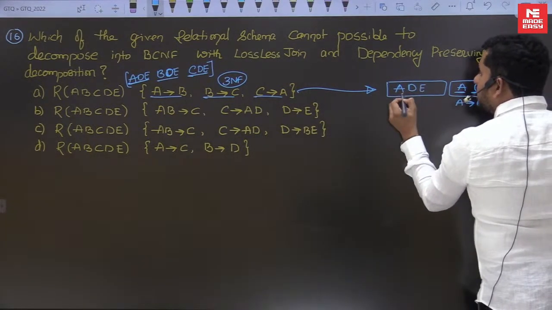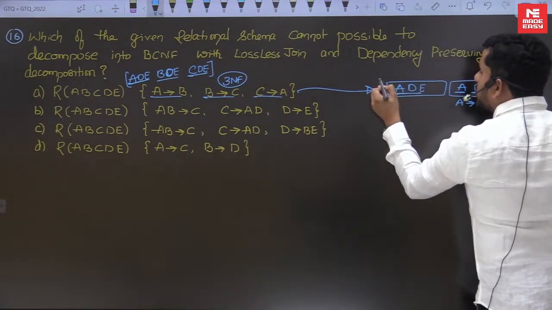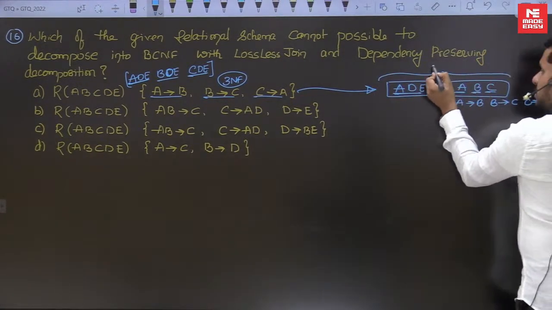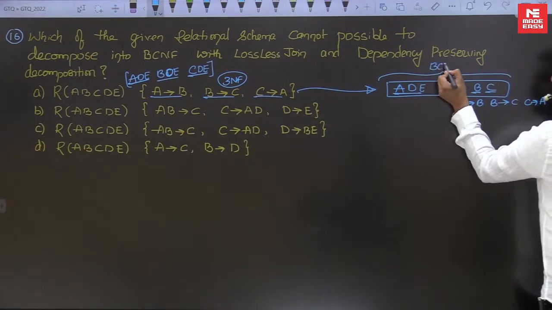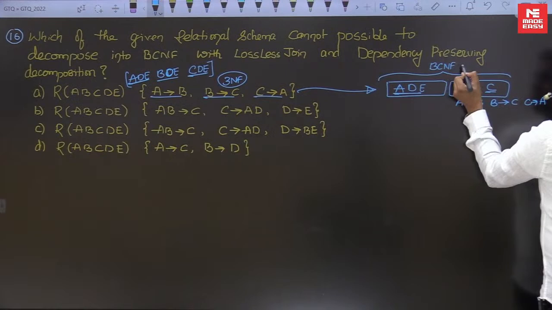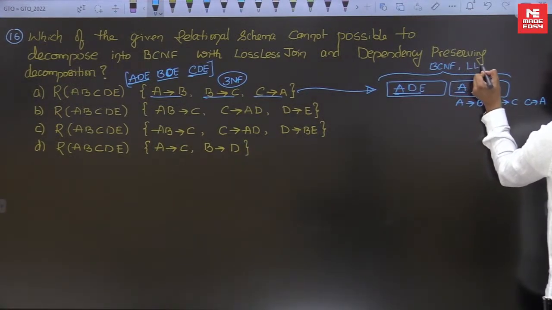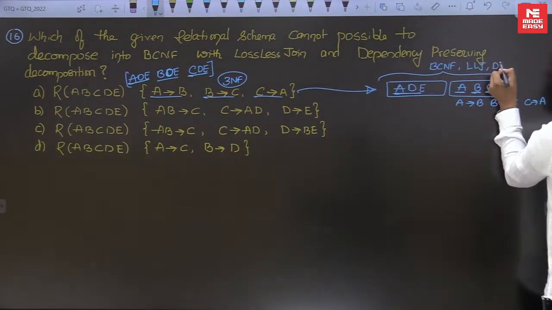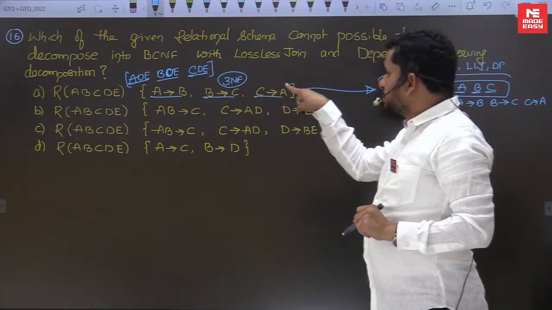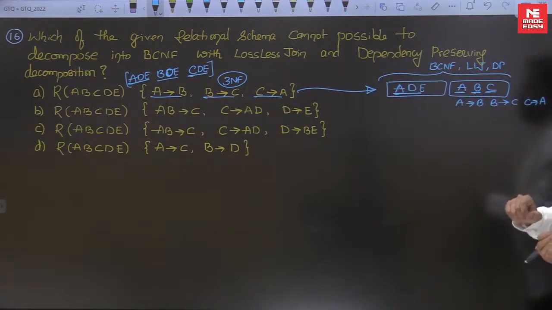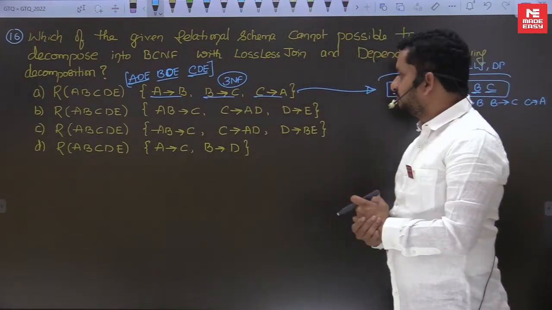If you decompose like this, BCNF, lossless join, dependency preserving are all satisfied. Okay, it is possible to decompose into BCNF without violating lossless join and dependency preservation.